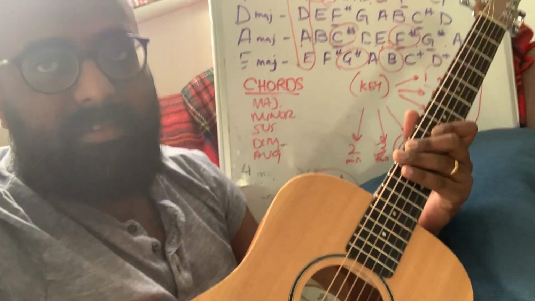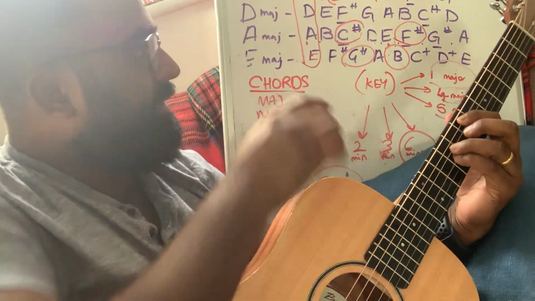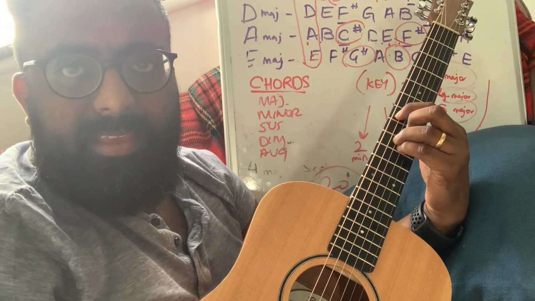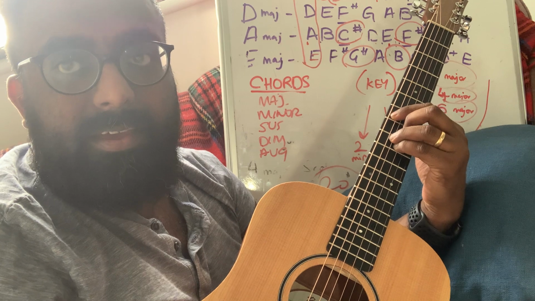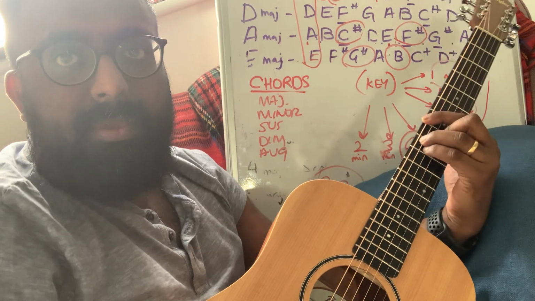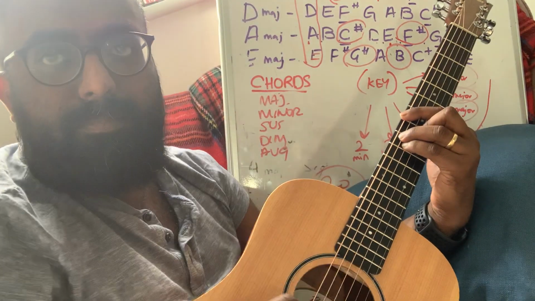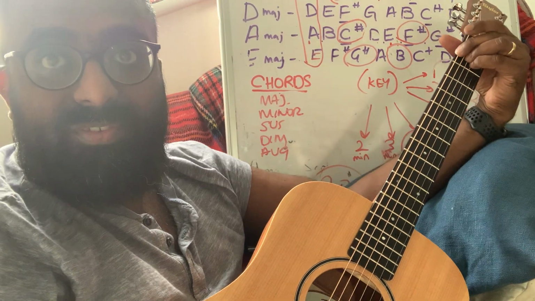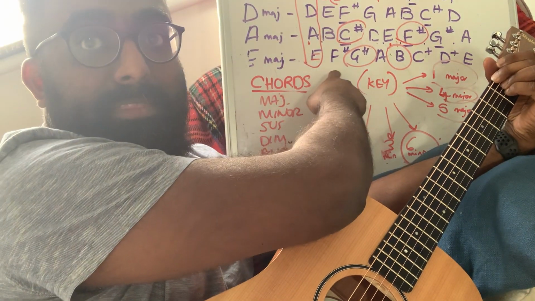So we played Open the Eyes of My Heart, right? So we're playing in the key of E. Okay, E major, E major, E major, B major, B major, B major, B major, F sharp minor. See, I'm playing the 2 minor here.